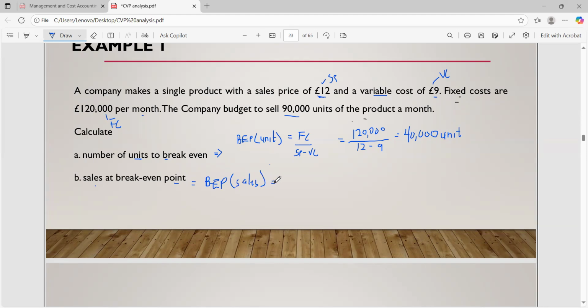As smart as you are, it is the same break-even point in units multiplied by the selling price per unit. That will give you break-even point in sales. If it is examinable, you can repeat the whole formula and multiply it by the selling price, but because of time, I'll just pick the break-even point in units and multiply it by the selling price.